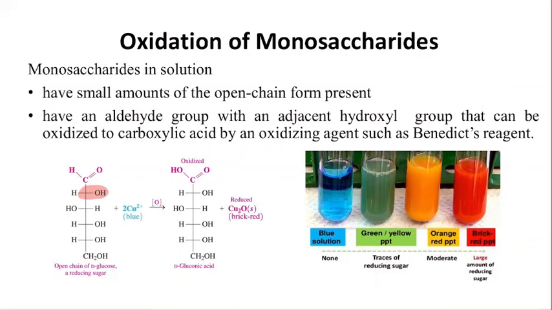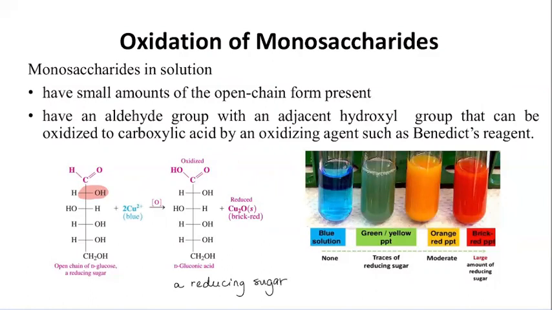So whenever you have a monosaccharide or carbohydrate for that matter, that is able to give a positive result, meaning that we're changing from blue to green or orange or red in terms of the colors of the reagent, understand that we consider it a reducing sugar.